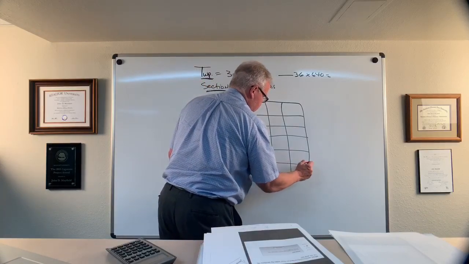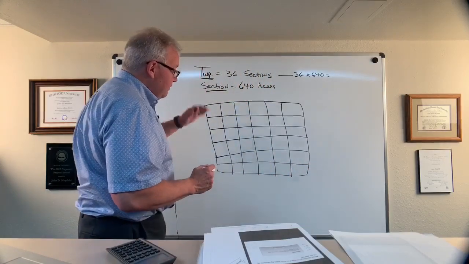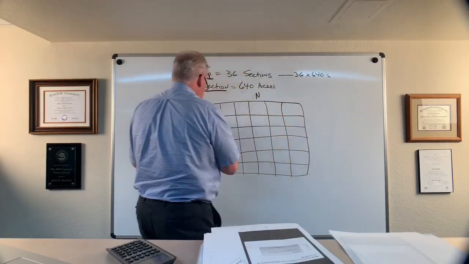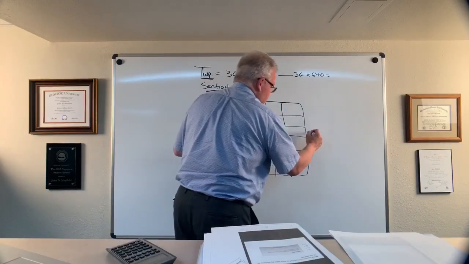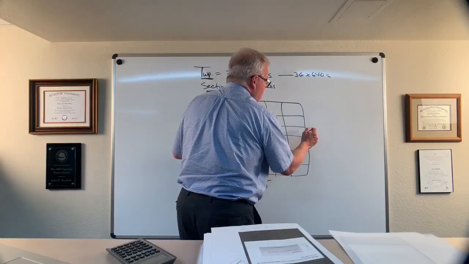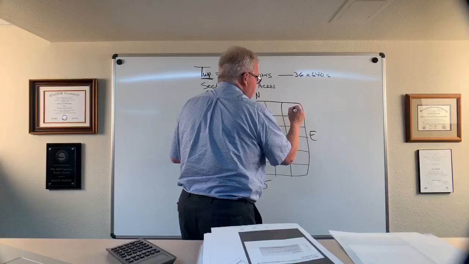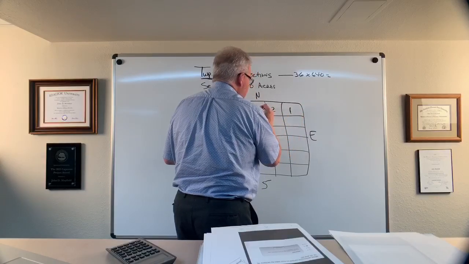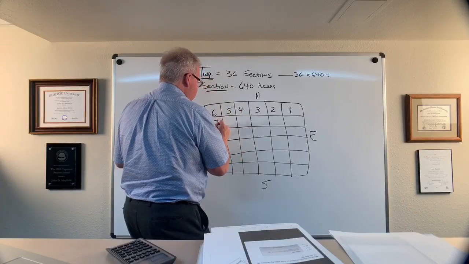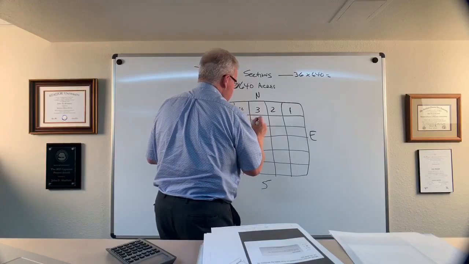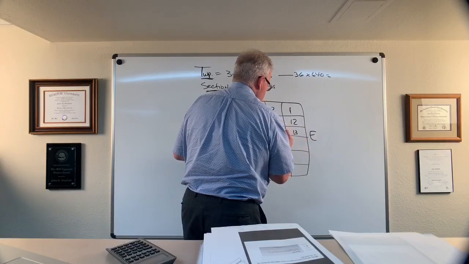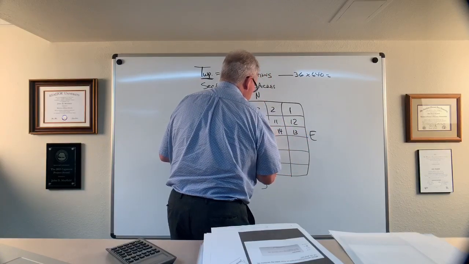My apologies if they're not even, okay? We always start, so this is north, west, east, and south, in the northeast corner, and we count over to 6. We drop down like this. See how I'm doing that?